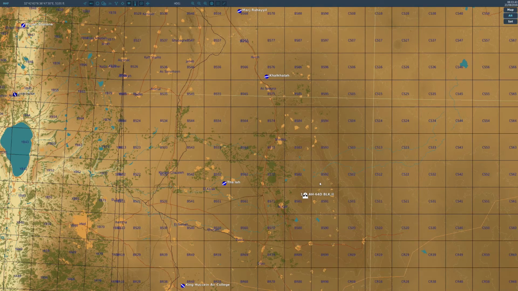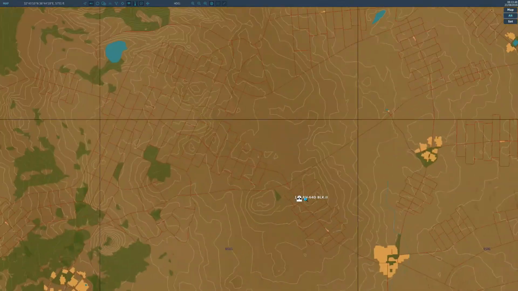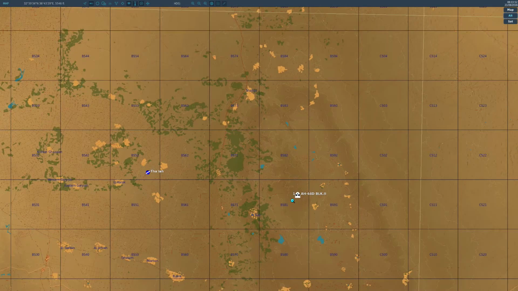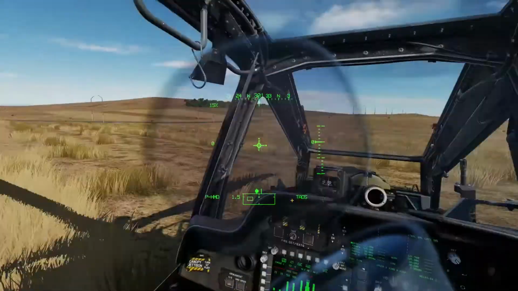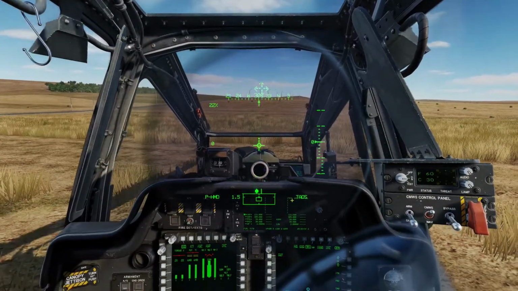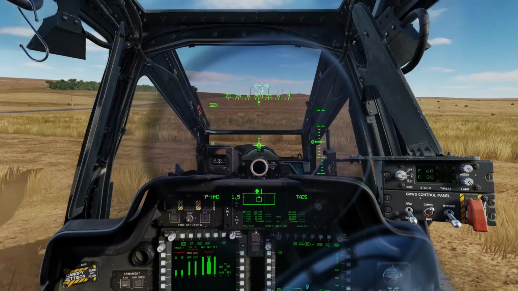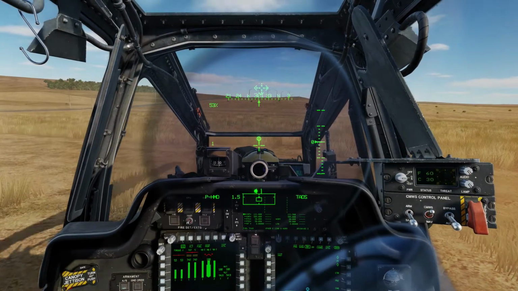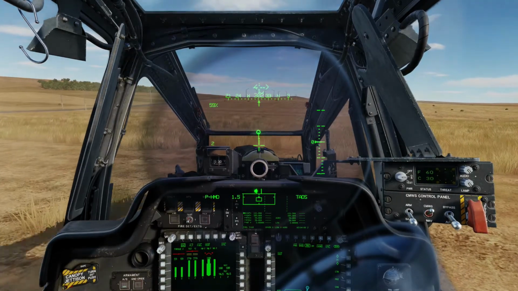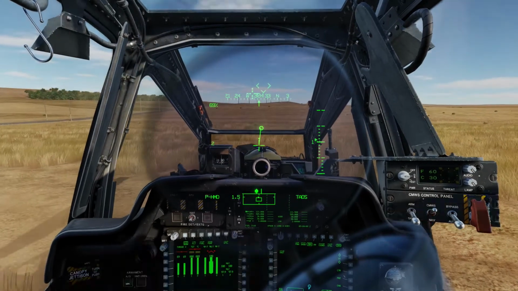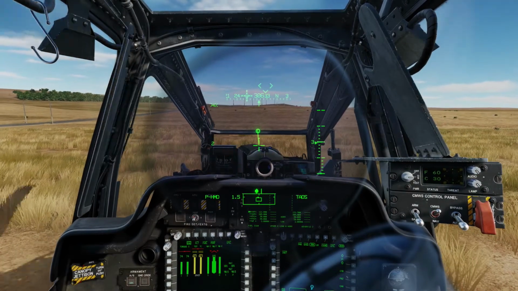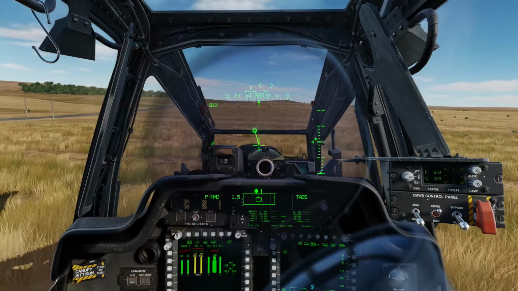Alright, so we are now located at the mountain to the east of Tala, and we are currently located about 5,700 feet above sea level. So we're just going to slowly raise the collective and increase torque. Once again, lifting at ground effect. 3 feet.